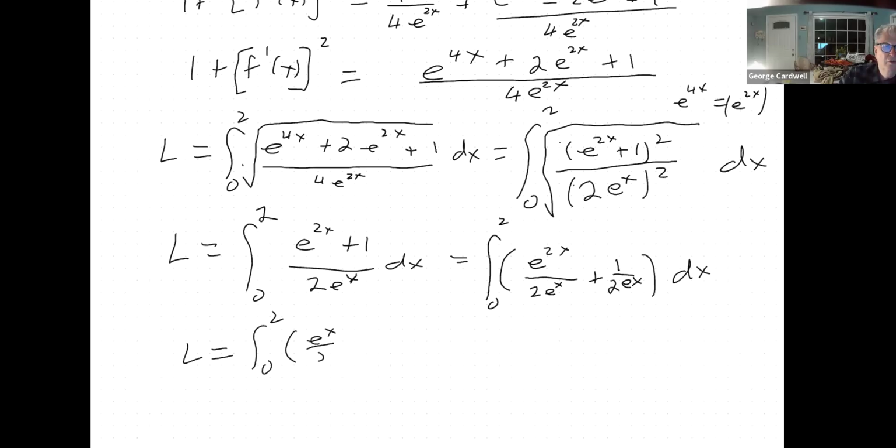And then this thing is going to be plus 1 over 2 times e to the minus x. I'm going to take the e to the x in the denominator and take it upstairs. So I get this. And then here I can factor out a half. So I get 1/2 integral 0 to 2 of e to the x plus e to the minus x.